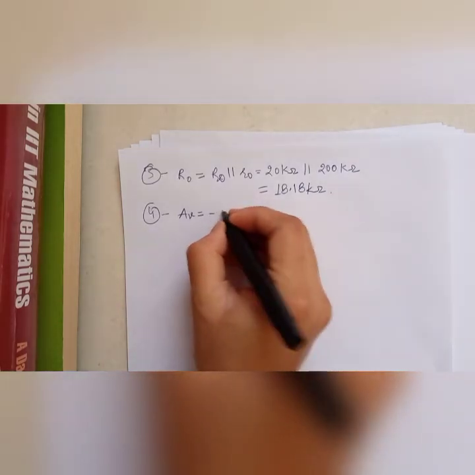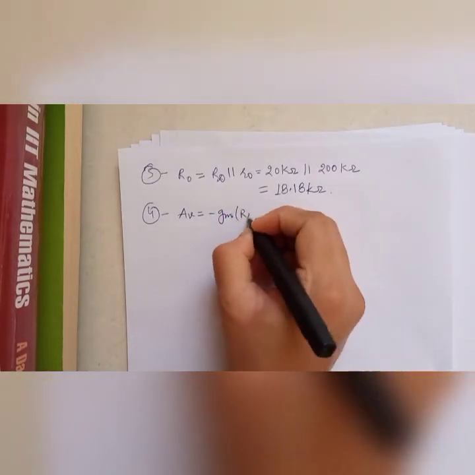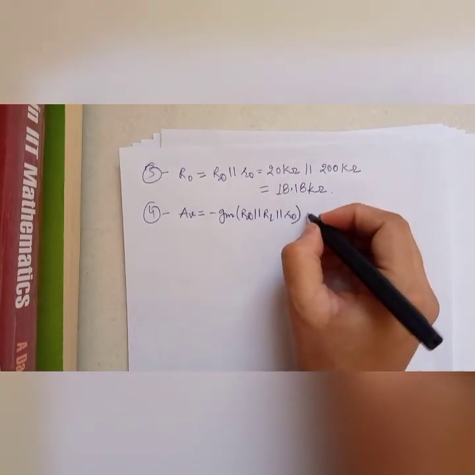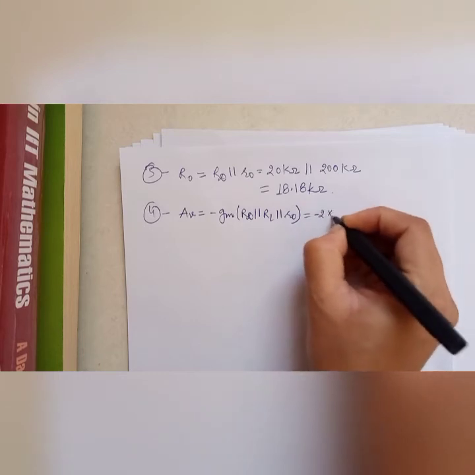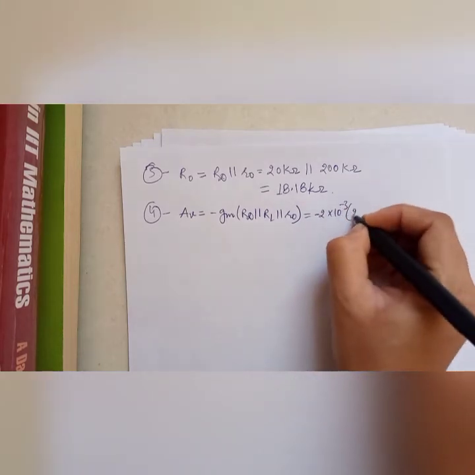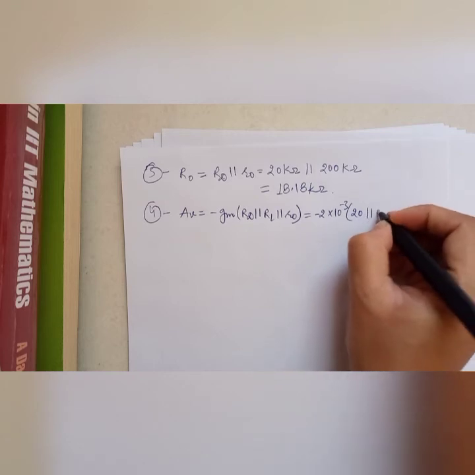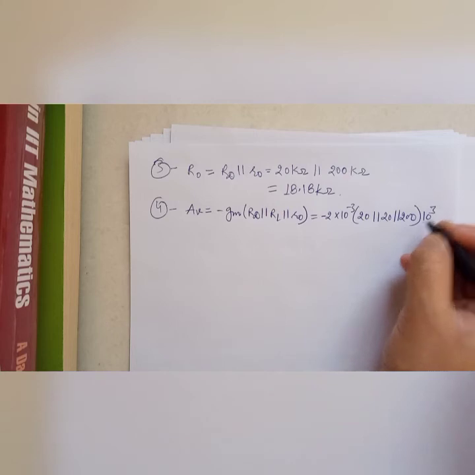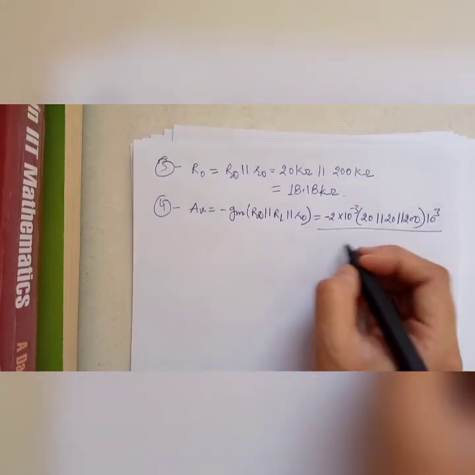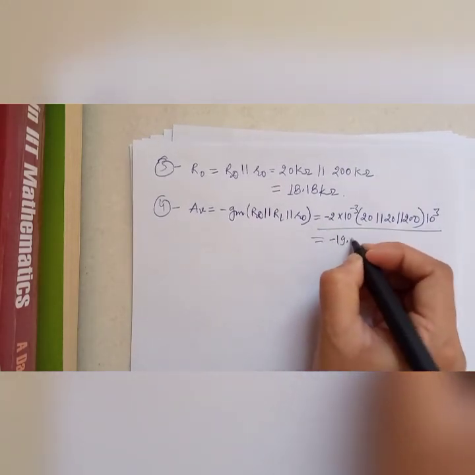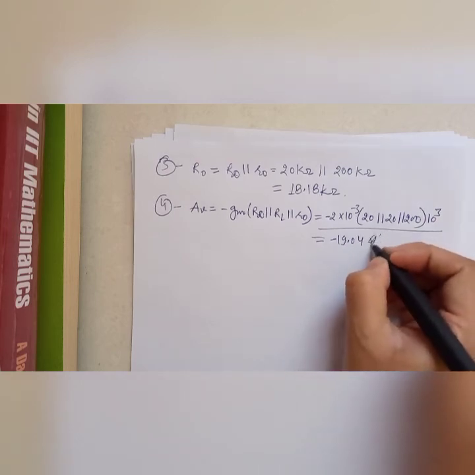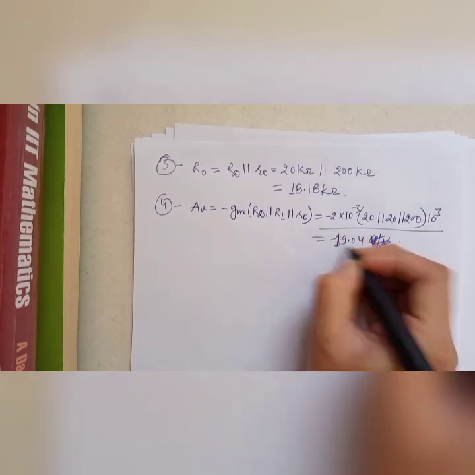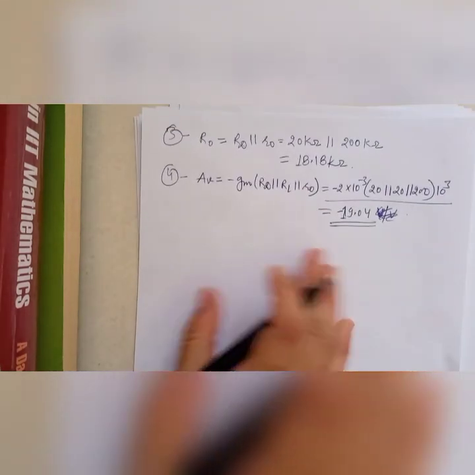That is minus GM (RD parallel with RL parallel with RO). This is the formula for AV. This is minus 2 into 10 to the power minus 3, times 20 kilo ohm parallel with 20 kilo ohm parallel with 200 kilo ohm. If you calculate it, it becomes minus 19.04 volt per volt, or you can say it is unitless also.